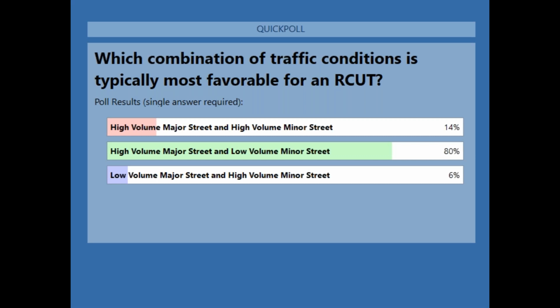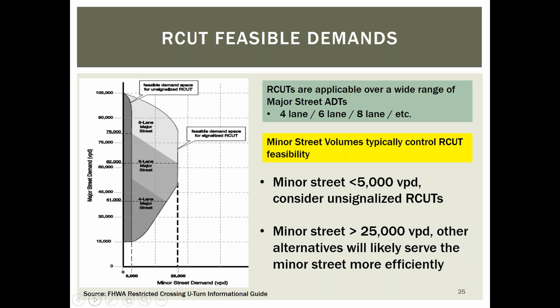And again, there's always reasons why we may want to deviate from that. And it doesn't say that at 5,001 cars, I've got to stick in a signal. No, it's just that as a rule of thumb, if you're less than 5,000 cars a day on the minor street, chances are unsignalized operations are going to work just fine.